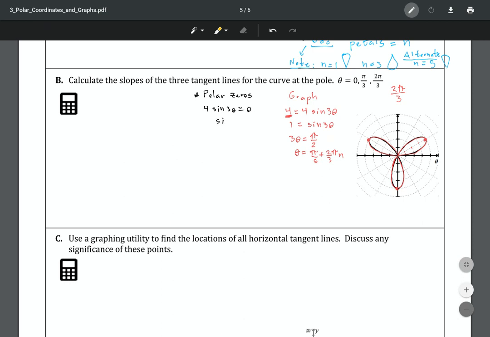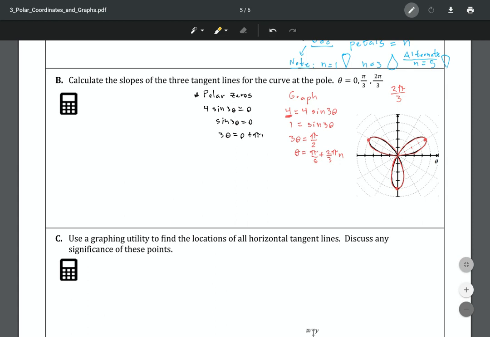So it's going to give me sine of 3 theta is equal to 0. And where is sine equal to 0? We know that the sine is 0 at 0 and pi, for example, and it just keeps going, right?